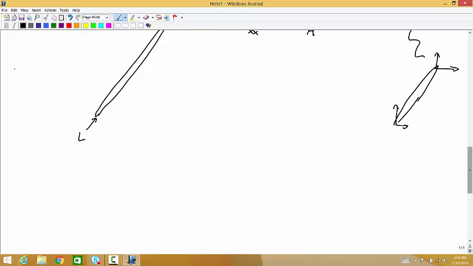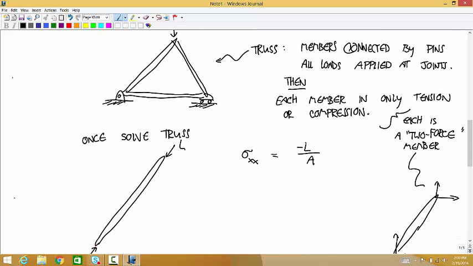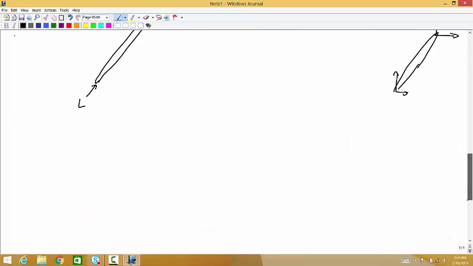So yeah, if those were not pin joints, if this looks like it's a fixed joint or something, but it's not supposed to be. But if there was a fixed joint or any kind of other joint, then you wouldn't have that two-force member thing. You'd also have a couple produced by the joint, and then this wouldn't be true. All right.